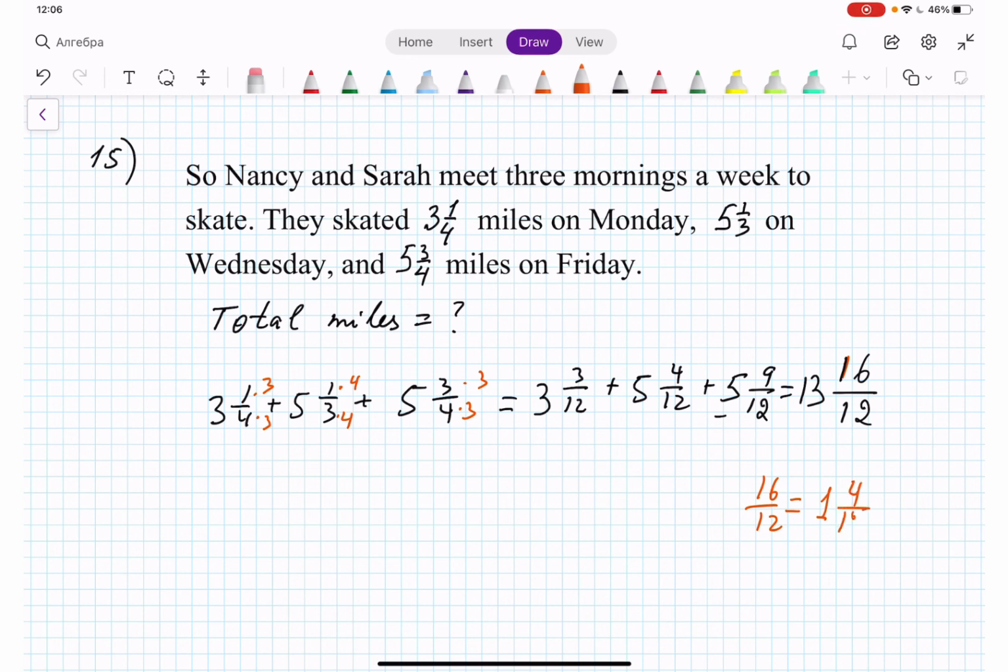And we have here 12. So 4 and 12, I can reduce by 4. This is going to be 1, this is going to be 3, right? 1 and 1/3, and we have plus 13, correct? So it's going to be 13 plus 1 and 1/3, which is 14 and 1/3 miles.